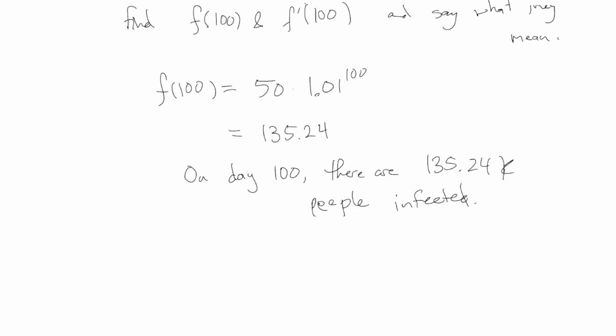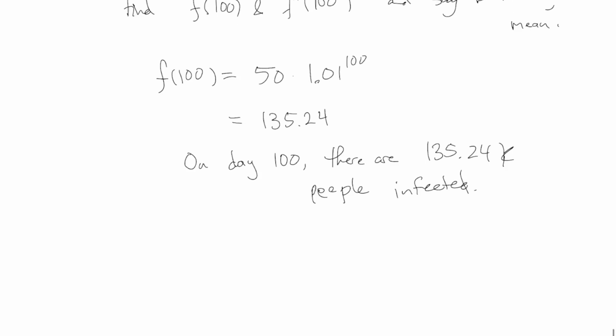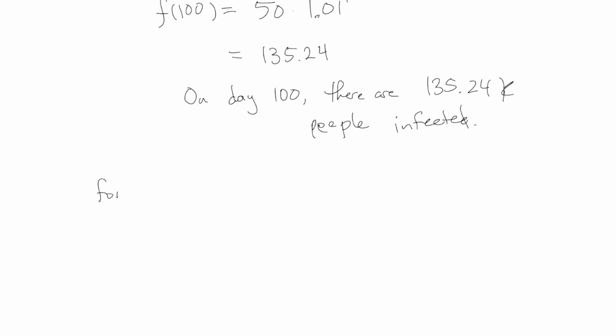What about f prime of 100? It's different. For f prime of 100, first we should find the derivative. So let's find f prime of t in general as a formula, and then plug in 100 for t.